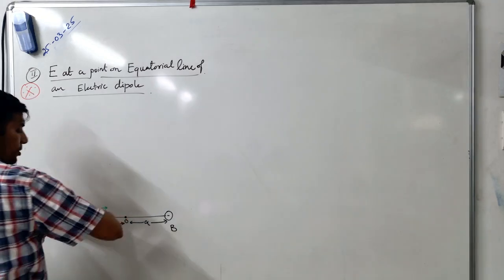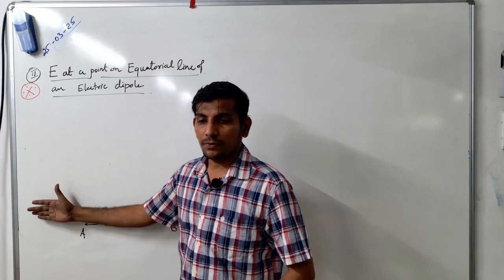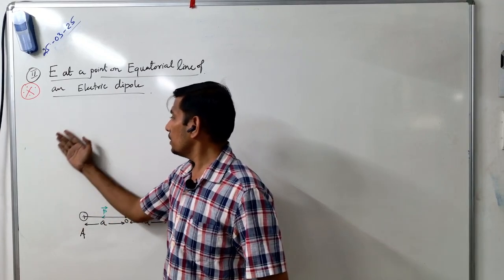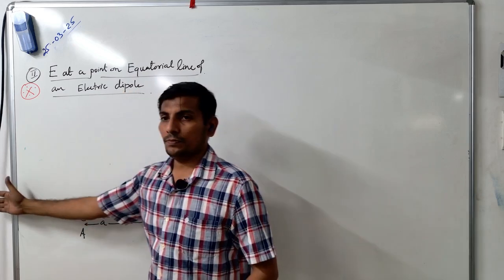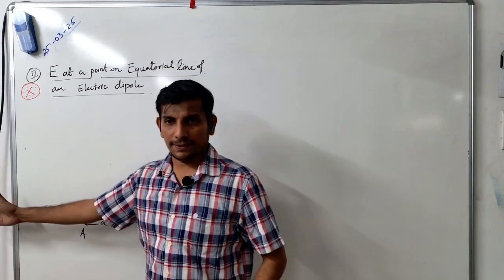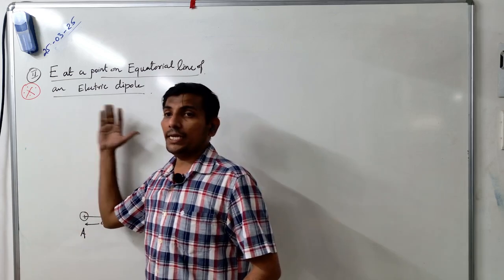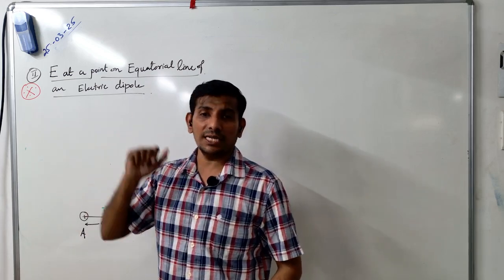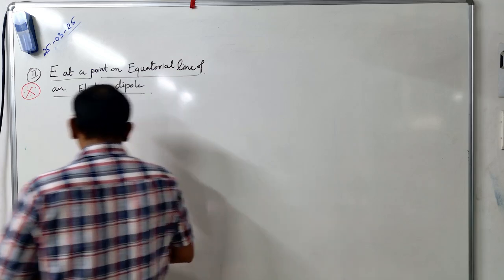Watch the board, children. I am going to turn 90 degrees away from the direction of the dipole. If I had traveled in the direction of the dipole, I should have traveled like this. But I am taking a deviation of how much? 90 degrees, because I have to draw a perpendicular bisector. Got it?